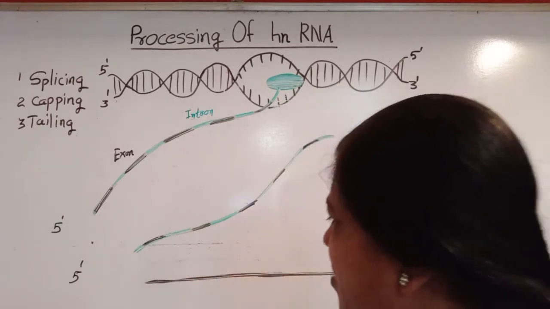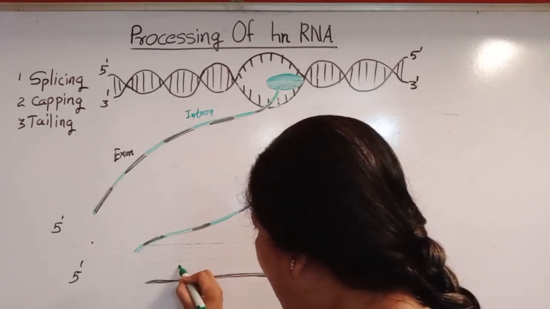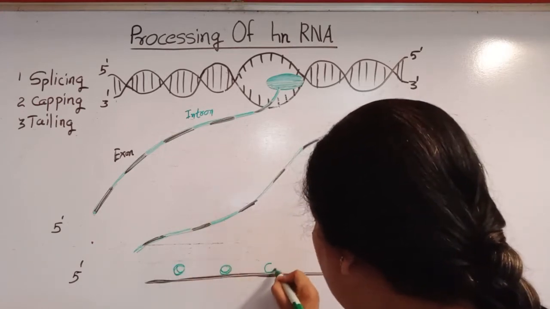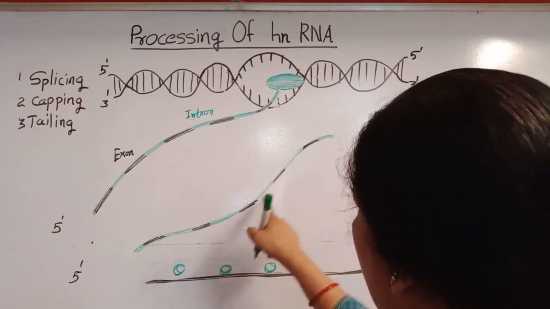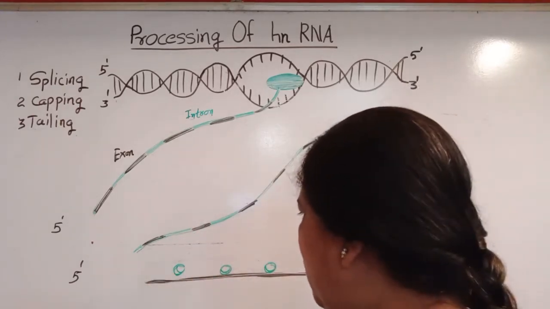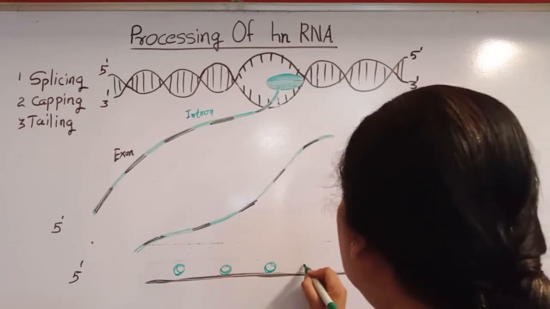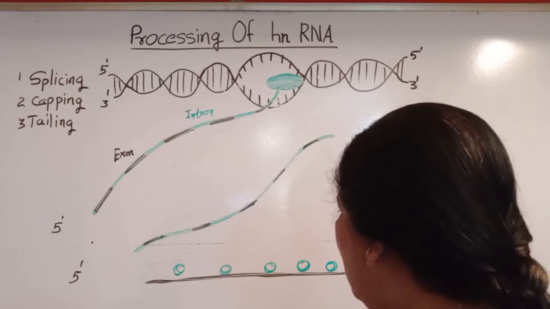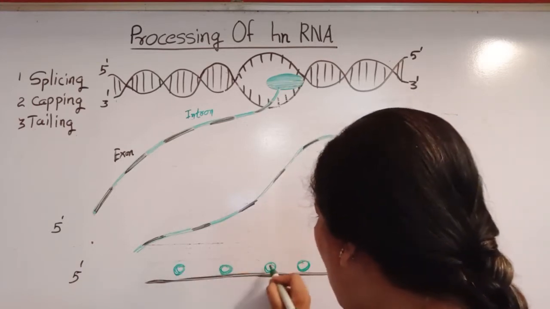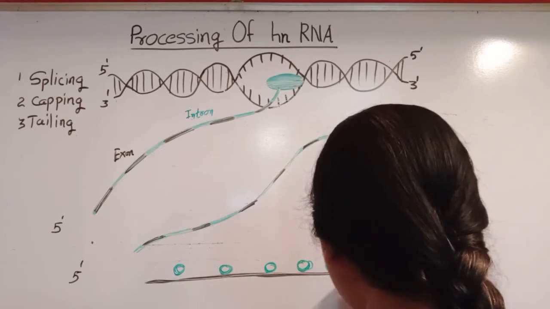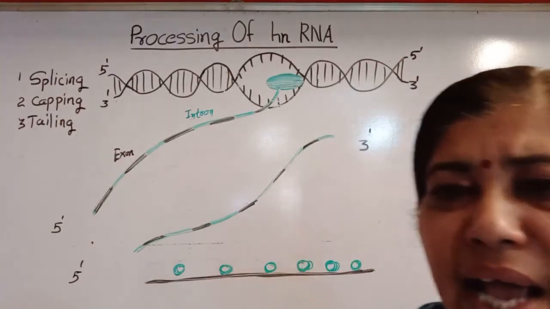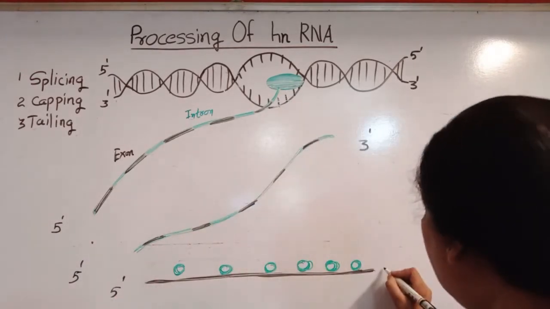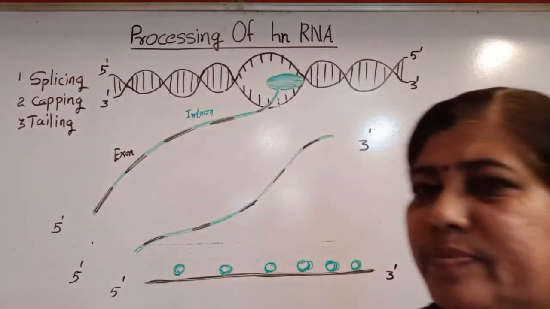So see, these are introns which are removed, 1, 2, 3, 4, 5 and 6 introns shown in the diagram. These are introns which are removed from hnRNA, and this process is called splicing. So this is 5' end and this is 3' end.